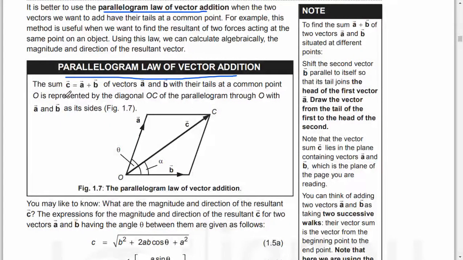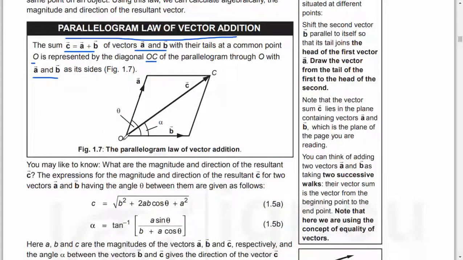The sum C vector equal to A vector plus B vector of vectors A vector and B vector with their tails at a common point O is represented by the diagonal OC of the parallelogram through O with A vector and B vector as its sides. The parallelogram law of vector addition.